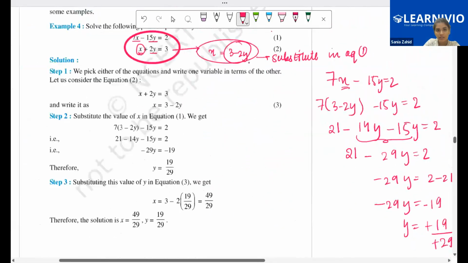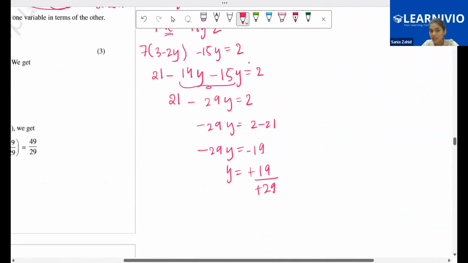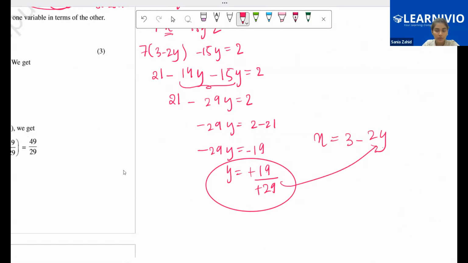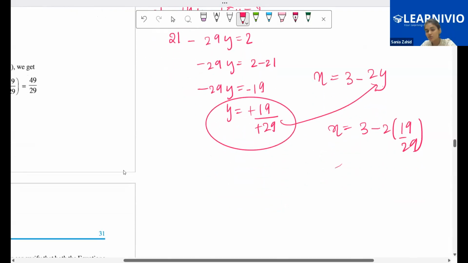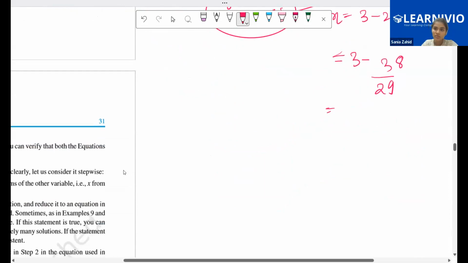Okay, and x is equal to 3 minus 2y. Now what value are you getting for y? You substitute it back into the x value. So x was 3 minus 2y. Now you substitute this y over here. You get x is equal to 3 minus 2 into 19 by 29, so 3 minus 38 by 29.